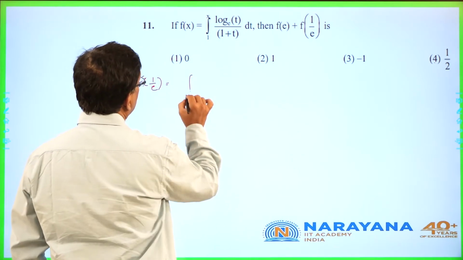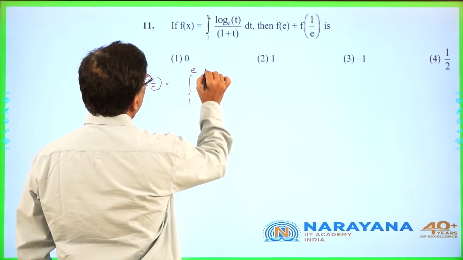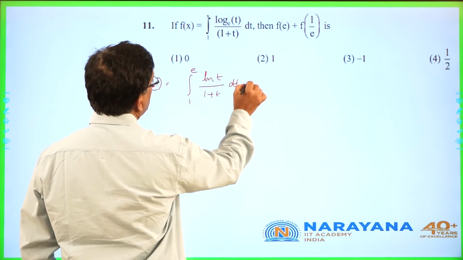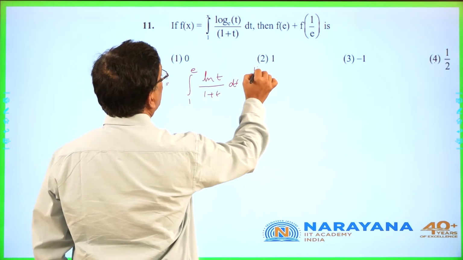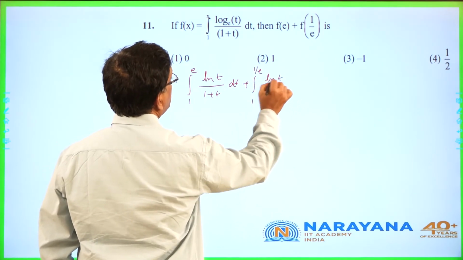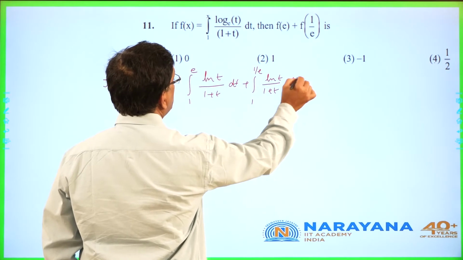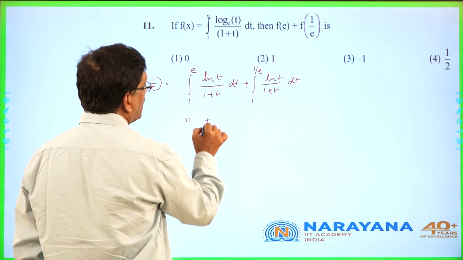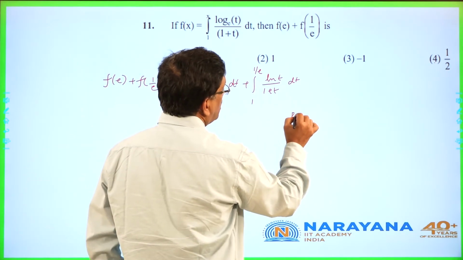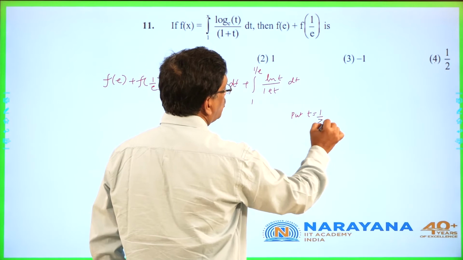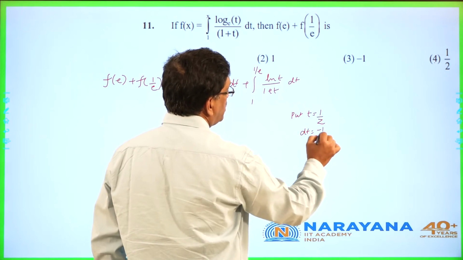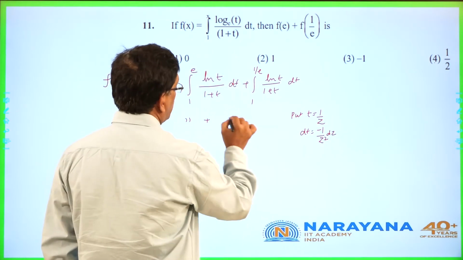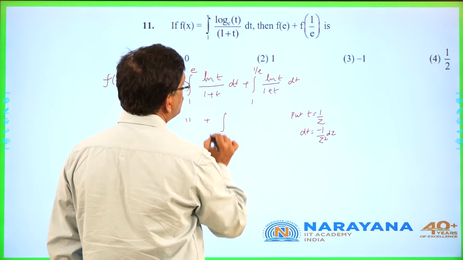So if you write, it is integral 1 to e log t by 1 plus t dt plus integral 1 to 1 by e log t by 1 plus t dt. Keep the first integral same. In the second integral, put t equal to 1 by z, dt equal to minus 1 by z square dz. So lower limit 1 means 1 only.